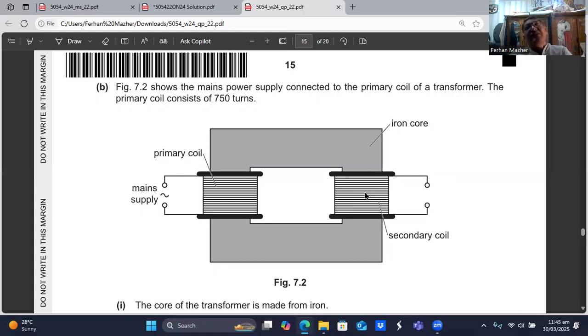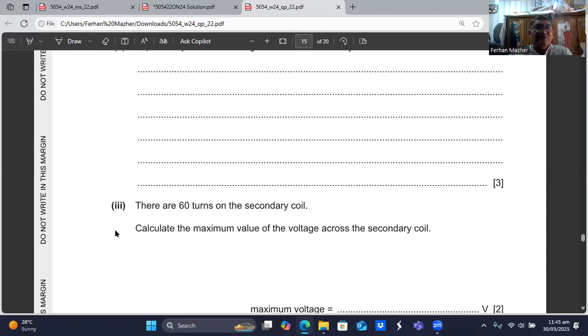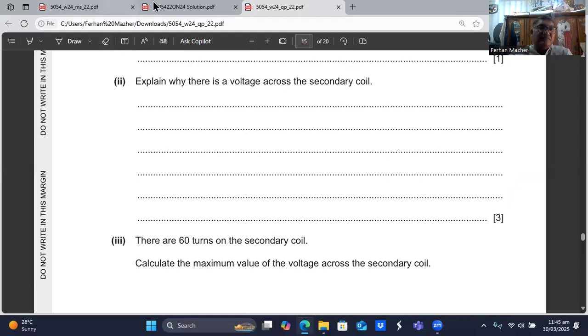And that magnetic flux is decreasing, increasing, decreasing, increasing, plus its direction is also changing. Sometimes the magnetic flux is flowing anticlockwise, sometimes clockwise. Due to that changing magnetic flux, the EMF is induced in the secondary coil. So that is the 3 marks question.